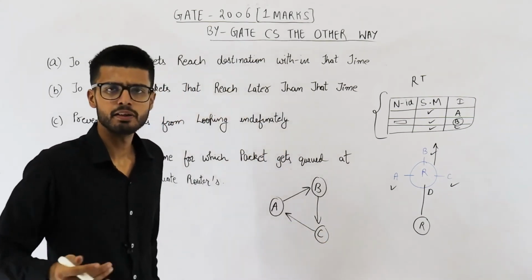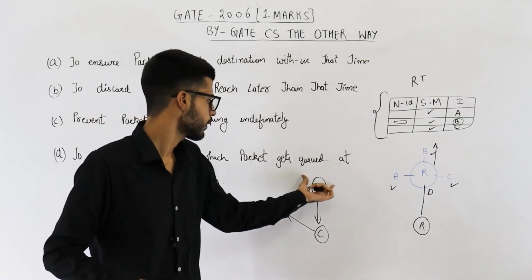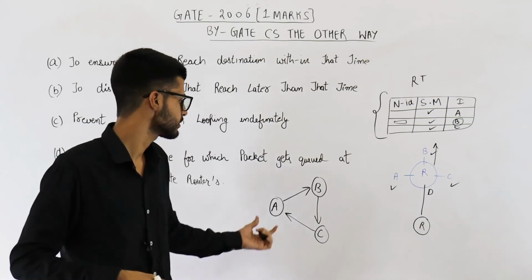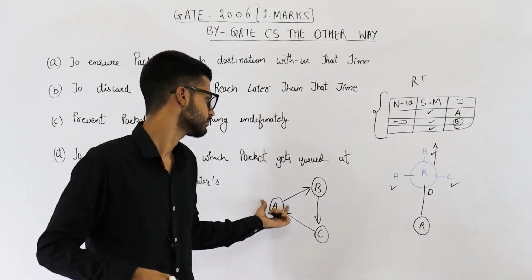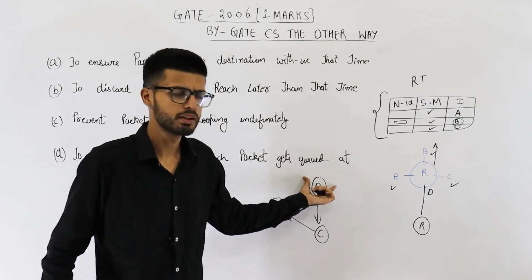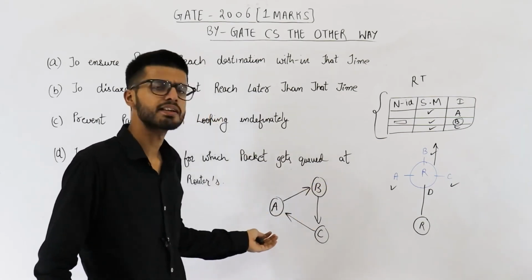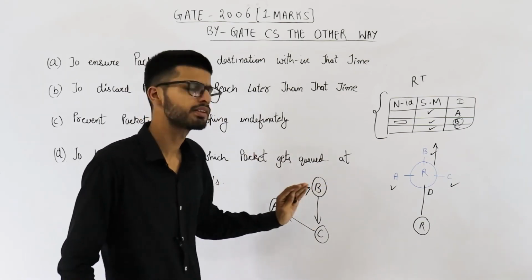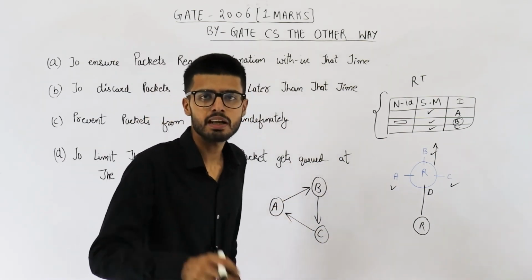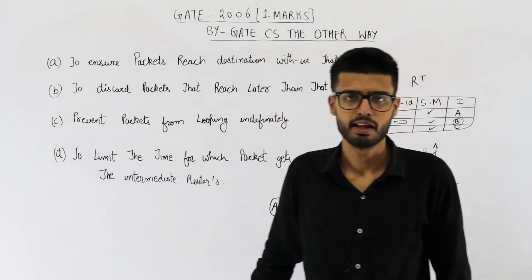It might not be due to the fact that all of these are default routers of each other. There could be many other reasons, like there is something wrong with this router. It forwards every packet to this one only, okay, or all other links are broken or not working. Something might go wrong and a loop might be created. So TTL avoids all such scenarios, okay.